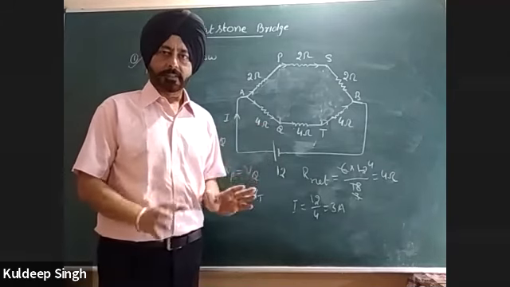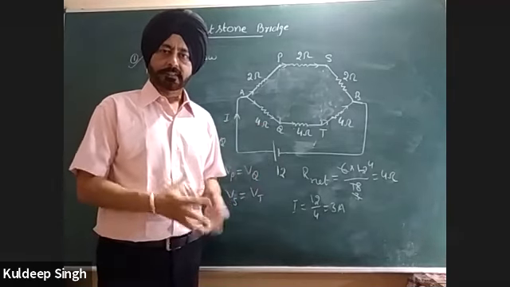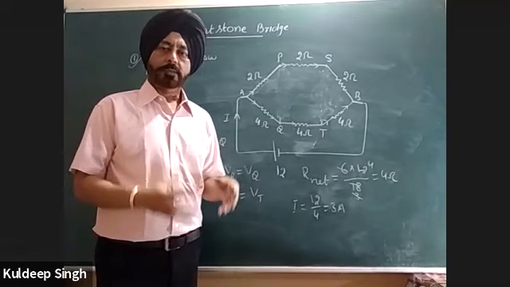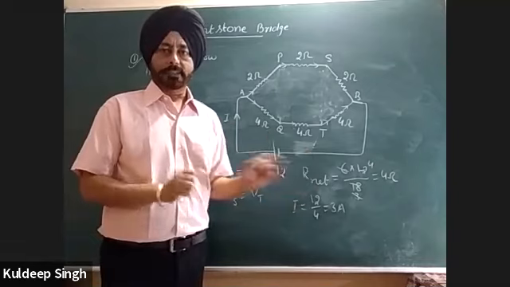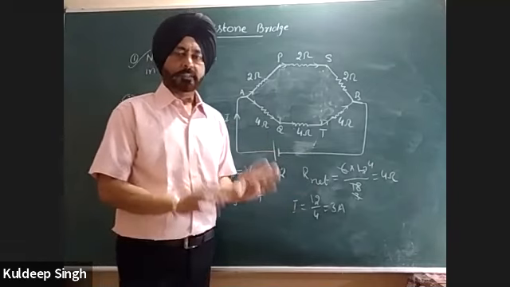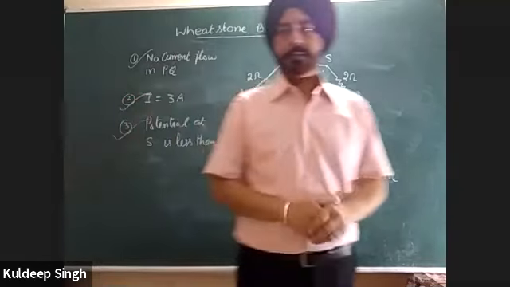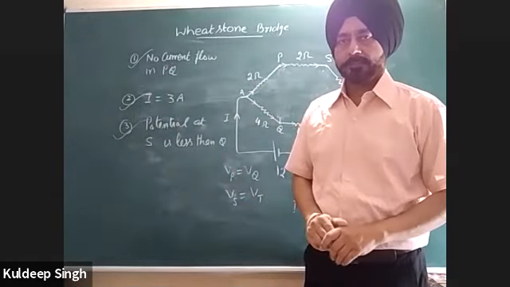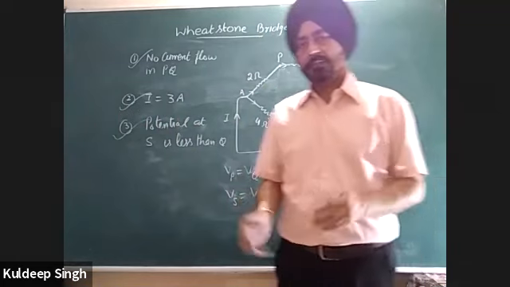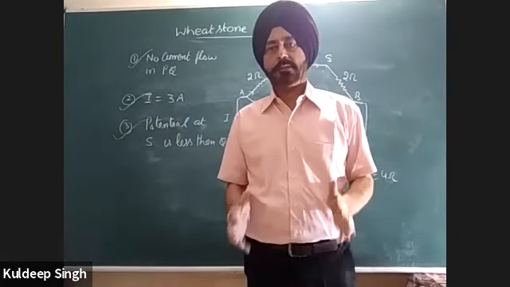Then give numbers to the resistances and also try to find out the number of different points to which the resistances are connected. If those points are 4 in number, then certainly you can say that it is a Wheatstone bridge. After that, you can find out whether it is balanced or not.